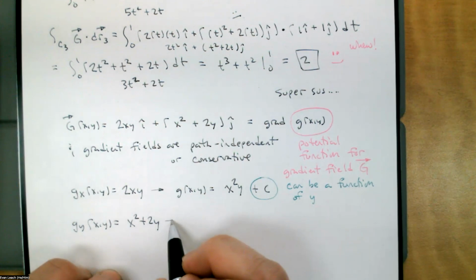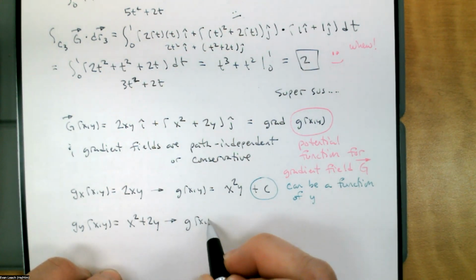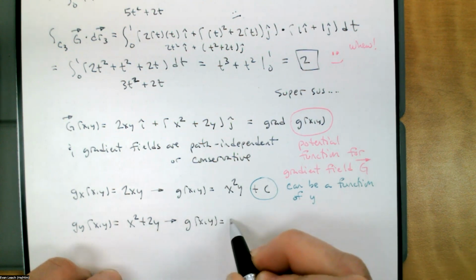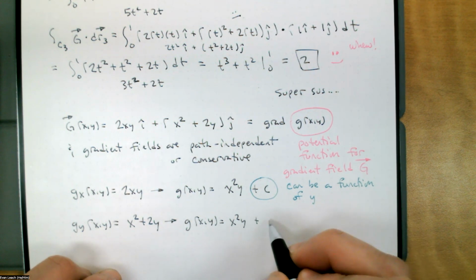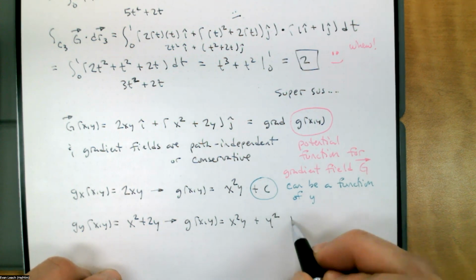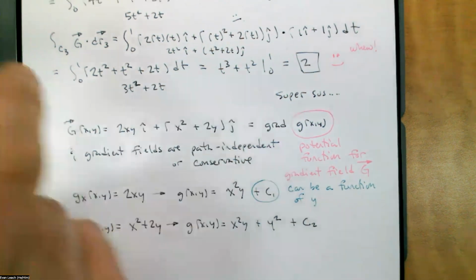If the derivative with respect to y is x squared plus 2y, then g of xy will have to have the form x squared y. That matches up. And the integral of 2y is y squared plus some constant, which could be a function of x.